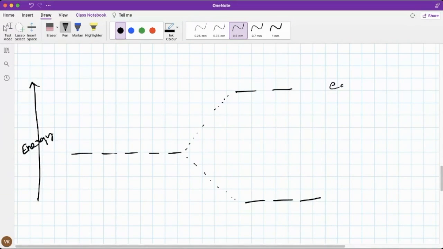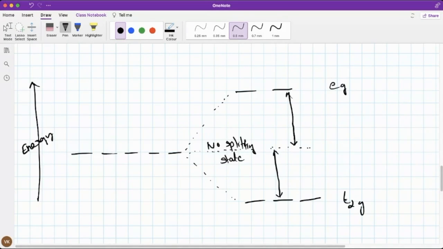This is eg, this is t2g. Now imagine that there is no splitting at all. This is the no splitting state.